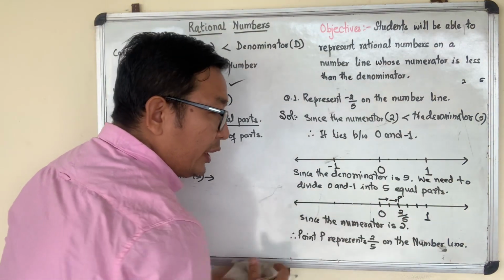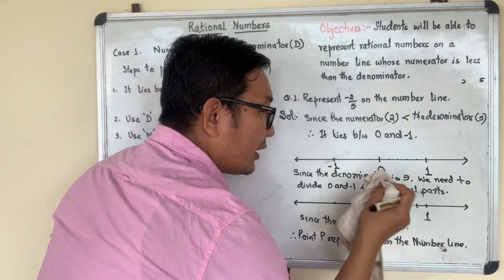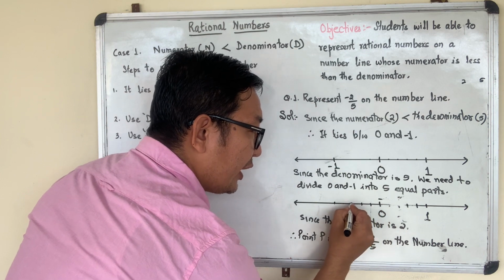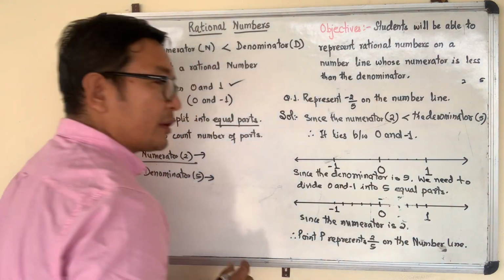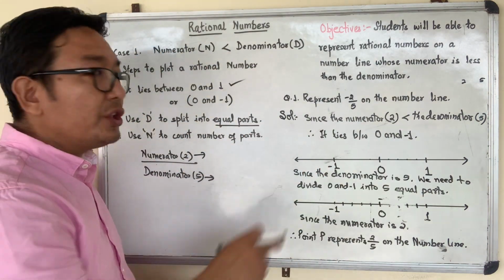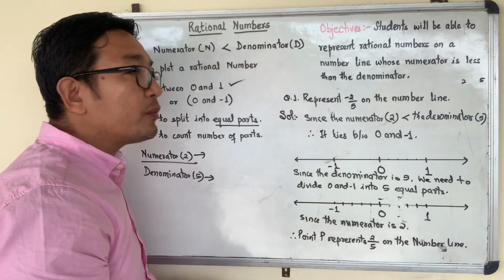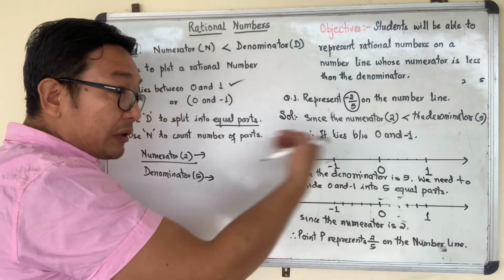The negative rational number lies on the left side of 0.